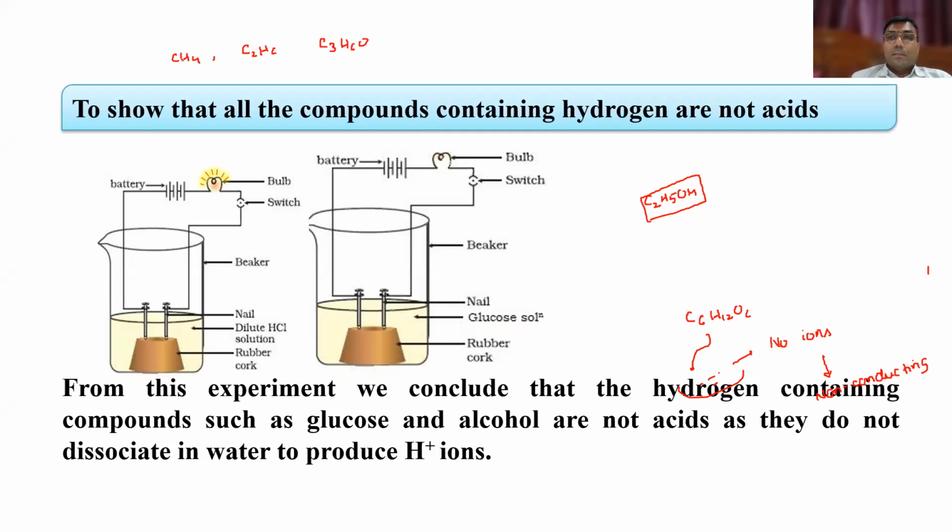So hydrogen containing compounds are not acids. Those hydrogens should be ionizable. When they ionize in water, the H plus ions formed react with water and form the hydronium ion. So hope you are clear.